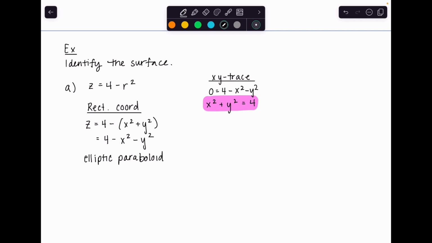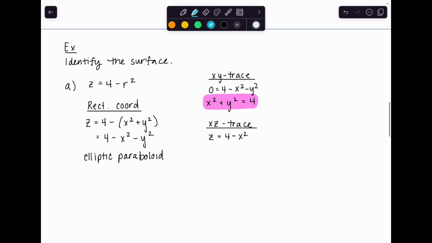Looking at my next trace, let's do the xz. There we set y equal to 0, so you end up with a parabola opening downward, and this one we'll draw in blue. Then finally, we've got our yz trace, which is very similar to the xz. It's 4 minus y squared, also a parabola opening downward. Okay.